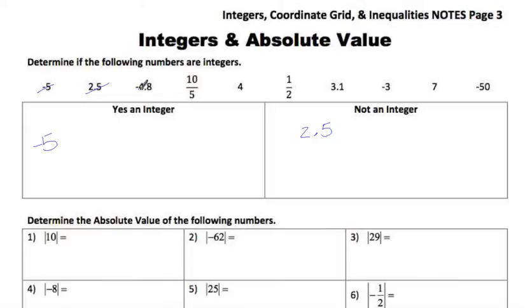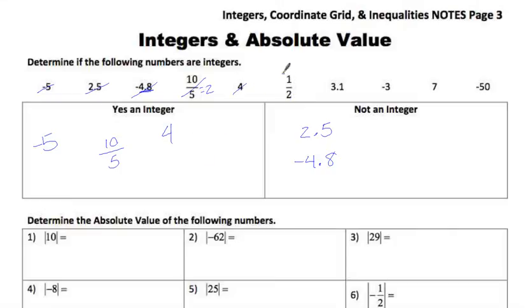Now, this is a negative, but it's a negative decimal, and we can't have decimals when we're working with integers. This one I need to solve. 10 divided by 5 is 2. 2 is a whole number, so yes, 10 over 5 is an integer. 4 is a whole number, so yes, 4 is an integer.